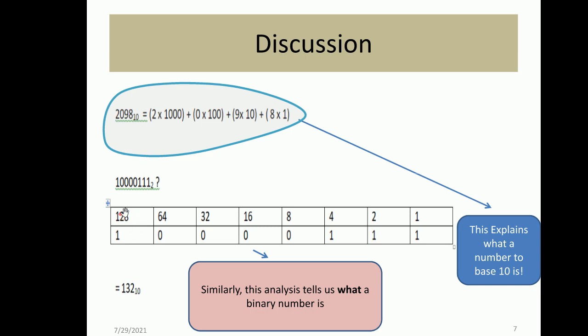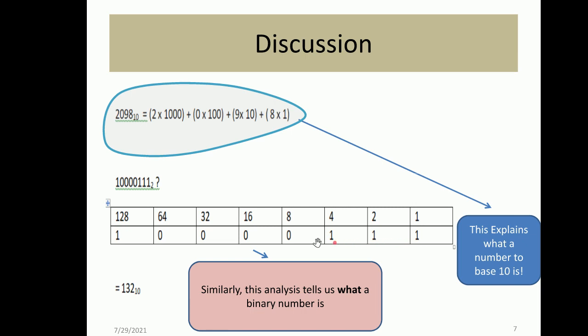And I reckon this 1 corresponds to 1 times 2 raised to the power of 7, plus 0 times 2 raised to the power of 6, plus 0 times 2 raised to the power of 5, plus 0 times 2 raised to the power of 4, plus 0 times 2 raised to the power of 3, plus 1 times 2 raised to the power of 2, plus 1 times 2 raised to the power of 1, which is 2, and 1 times 2 raised to the power of 0.